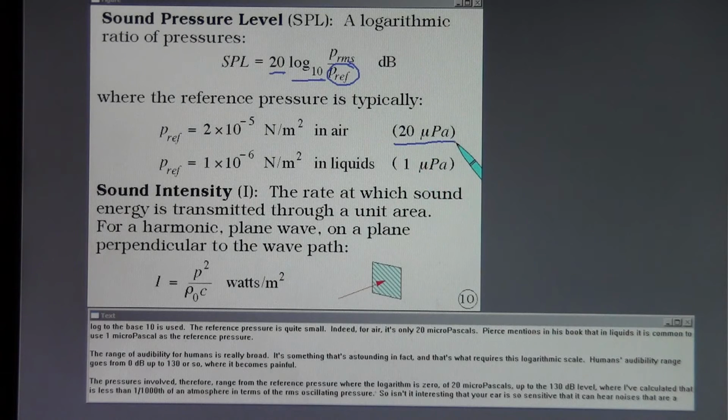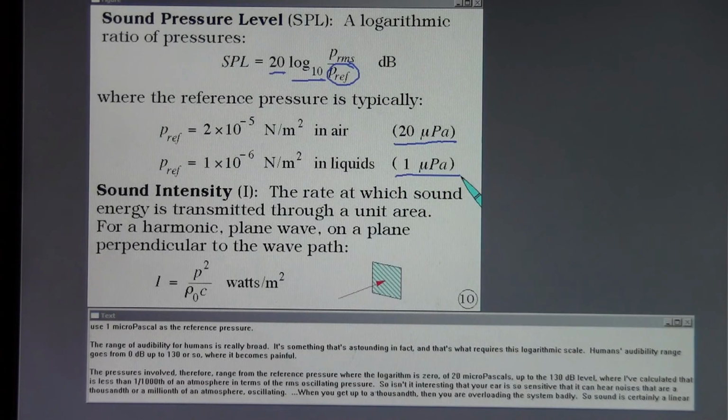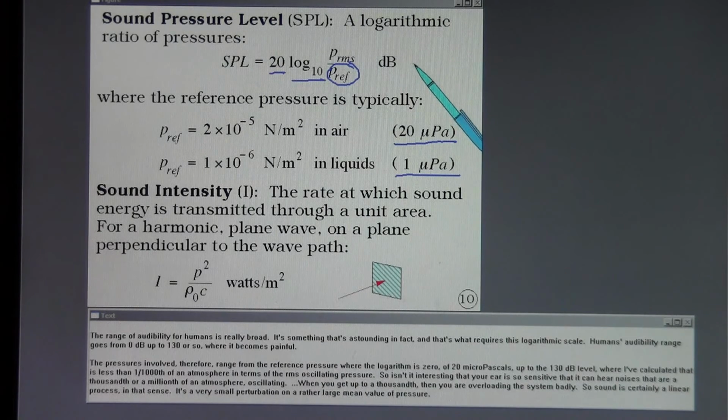Pierce mentions in his book that in liquids it's common to use 1 micropascal as the reference pressure. The range of audibility for humans is really broad. It's astounding, in fact, and that's what requires this logarithmic scale. Humans' audibility range goes from 0 decibels up to 130 or so, where it becomes painful.